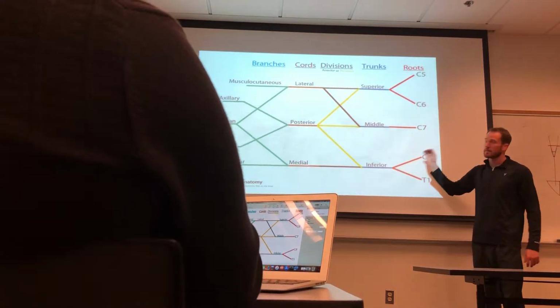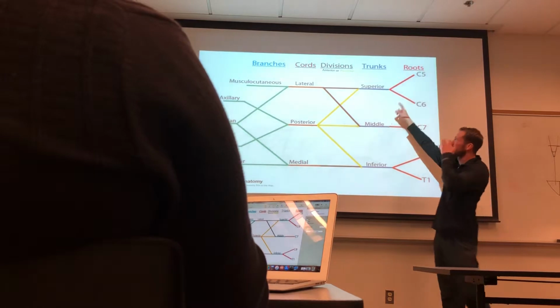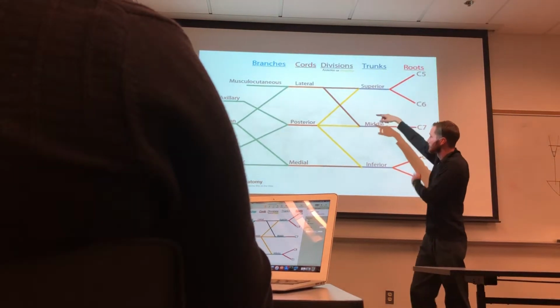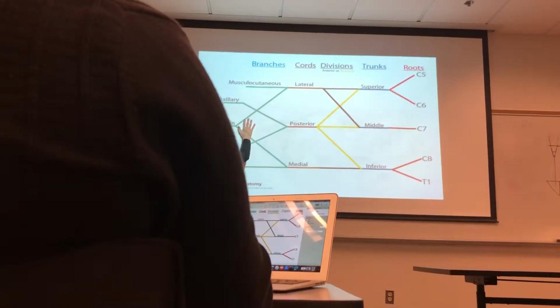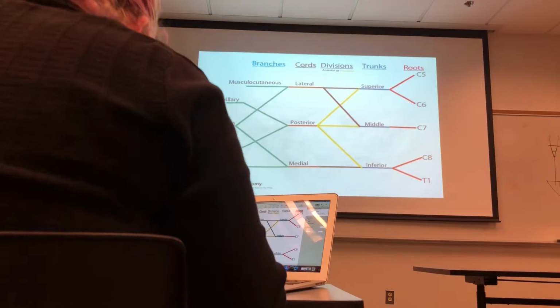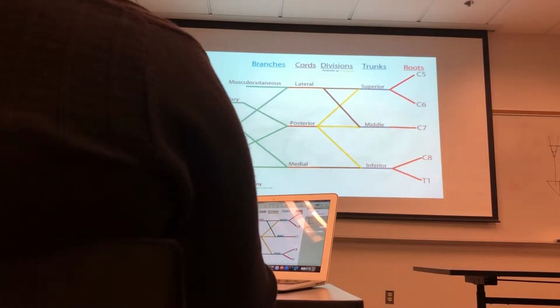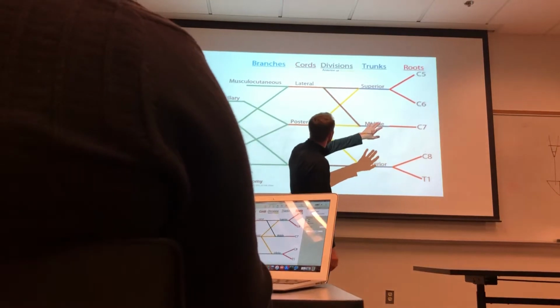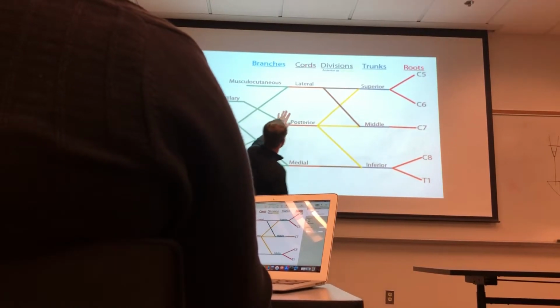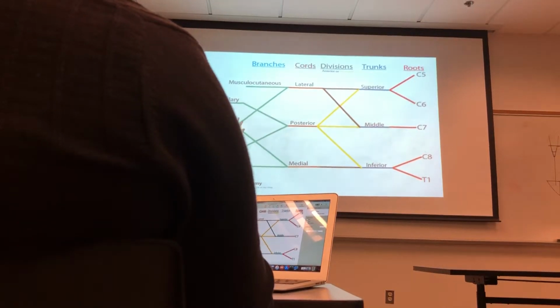They can join together, go straight out, interconnect to form trunks. Those further branch into divisions, then cords, then branches. The branches are the named nerves that go down into the arm. So you should be able to, in order, lay out roots, trunks, divisions, cords, branches.